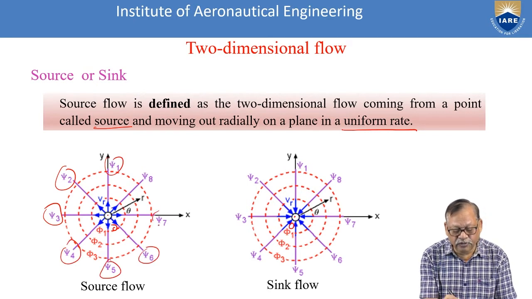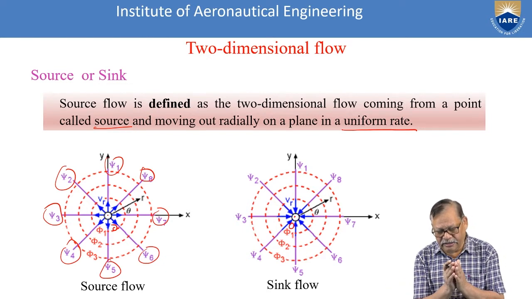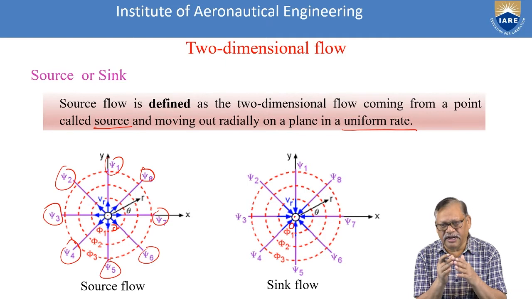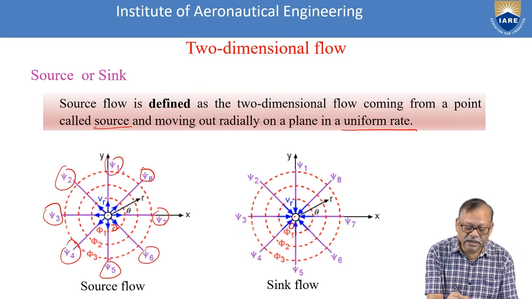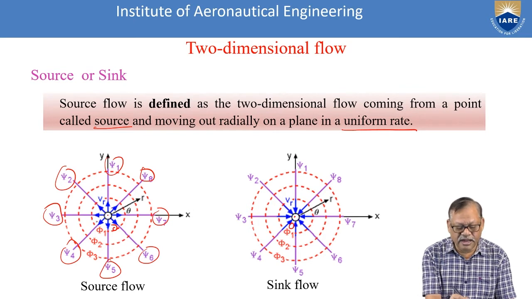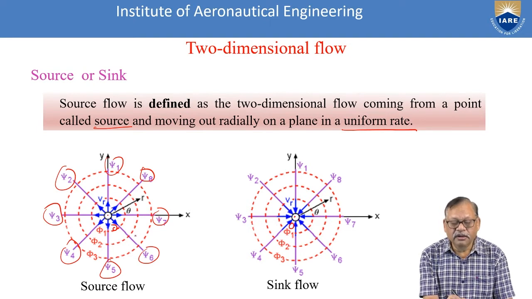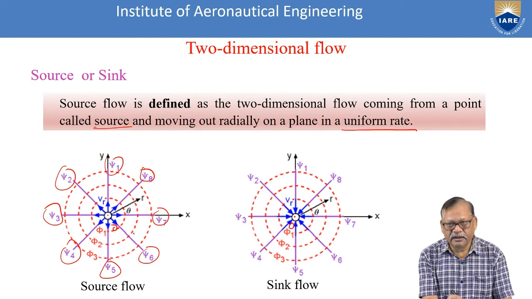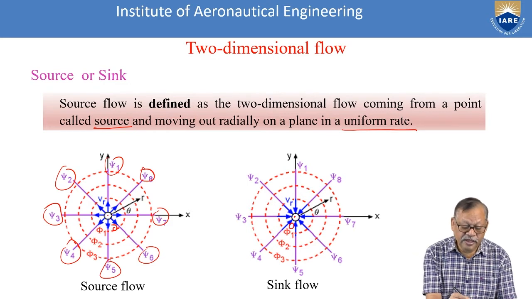We have studied that psi and phi cross each other orthogonally. So when it is orthogonal, in case I draw concentric circles, then at any point you can see that both the psi and phi values intersect each other orthogonally.